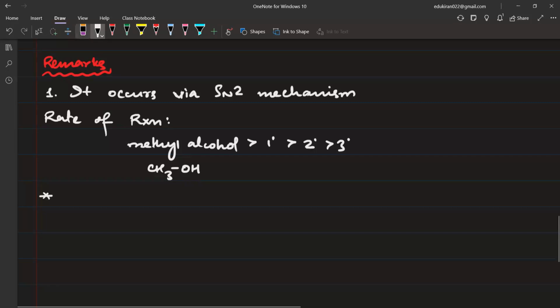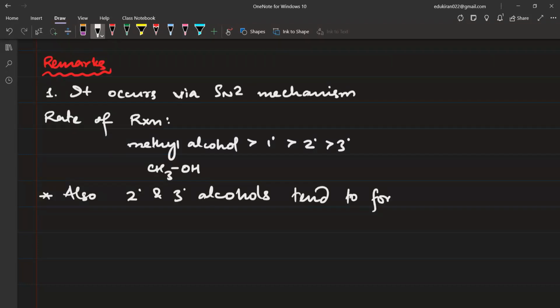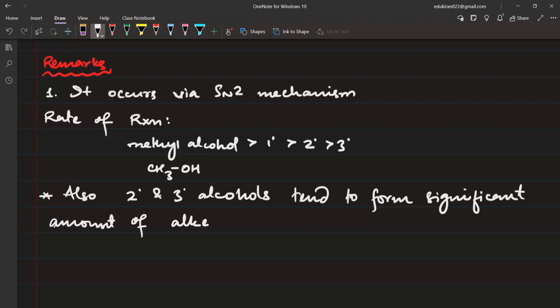What else you can write here also? Also 2 degree and 3 degree alcohols tend to form significant amount of alkene as they are more hindered.